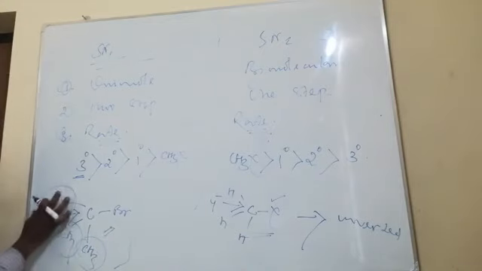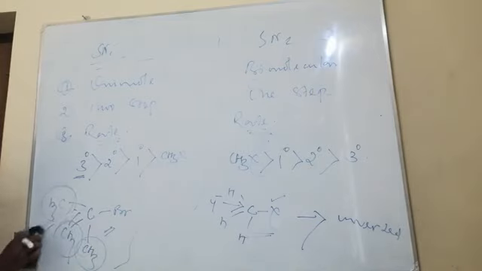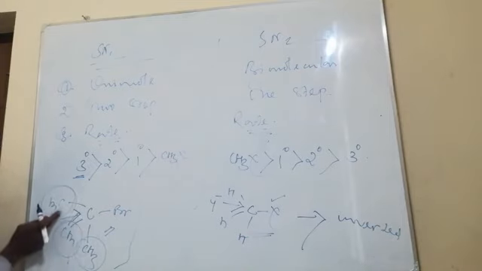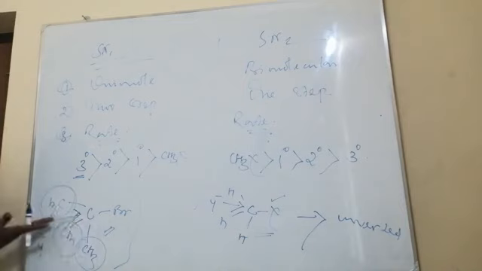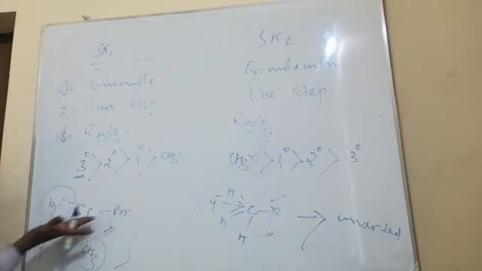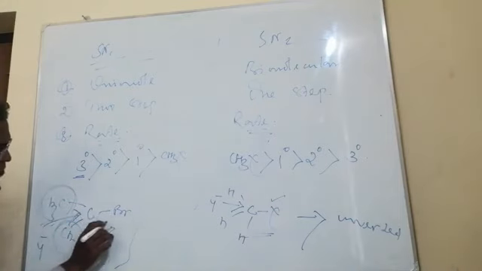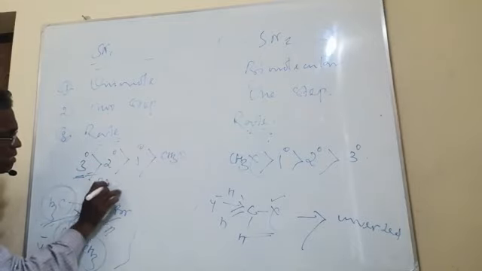The bulky nature of the methyl groups, there are 3 methyl groups in tertiary butyl bromide, will not allow the Y minus, that is the incoming group, the nucleophile, to attack the substrate from the back, because with the bulky 3 methyl groups there is no space to enter smoothly in between them so that it will attack the carbon of tertiary butyl bromide from the back. This is the reason why tertiary alkyl halide is favoring SN1.